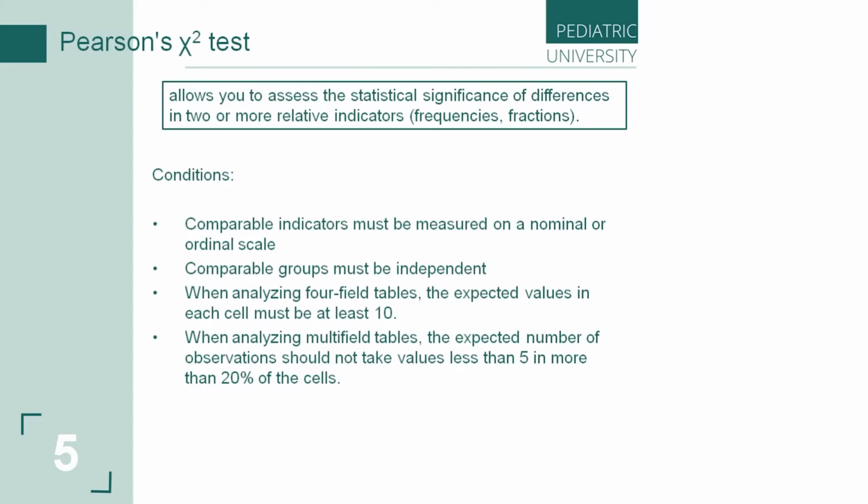So, when can we use this criterion? Only when our data is qualitative, and so the indicators to be compared must be measured on a nominal or ordinal scale. Next, the groups to be compared must be independent.